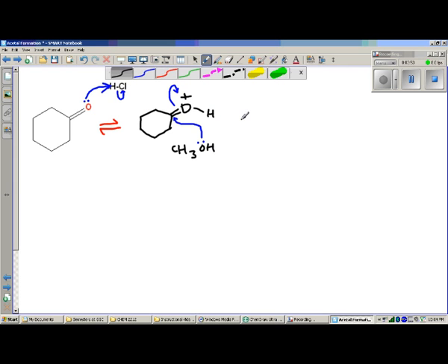Remember, these are all equilibrium steps. So let's see what we get here. We have our 6-membered ring again. Now that doubly bonded oxygen that we originally had is now just an alcohol. But also to that carbon we have added the alcohol.